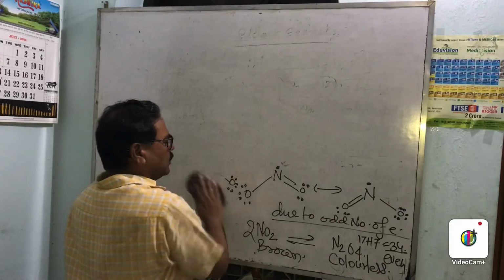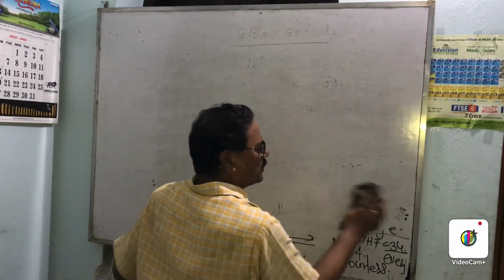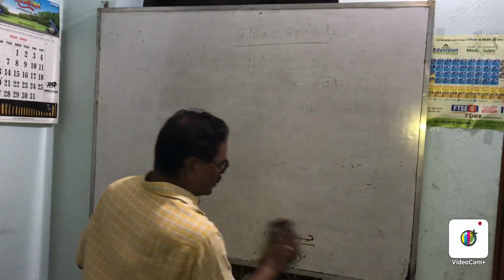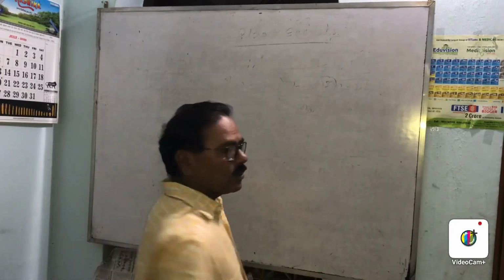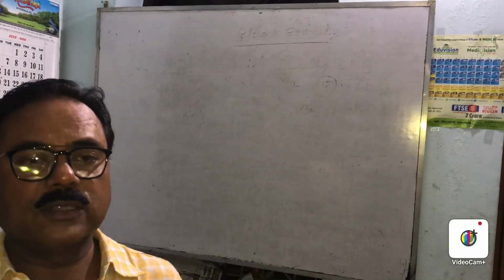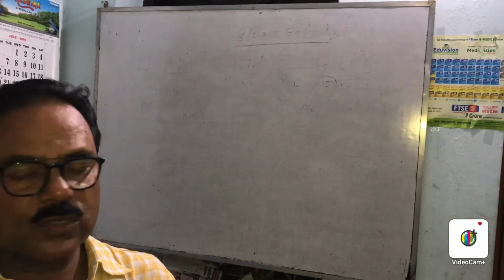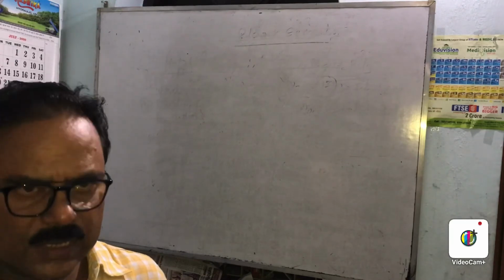Now, phosphorus forms P4O6 and P4O10. These are non-metal oxides, and when they react with water they form phosphorus acid and phosphoric acid.